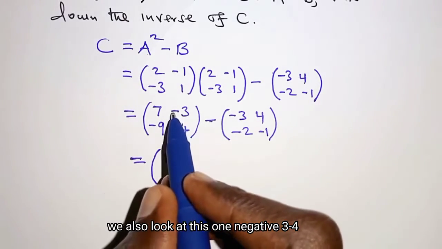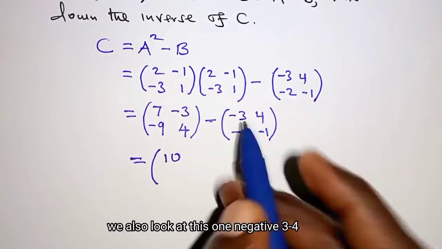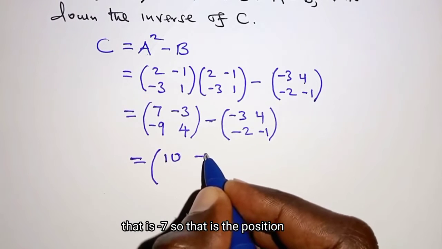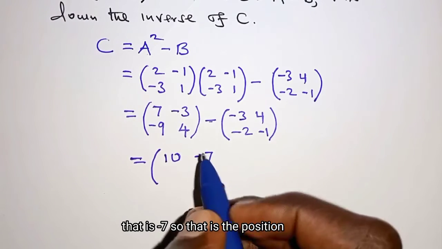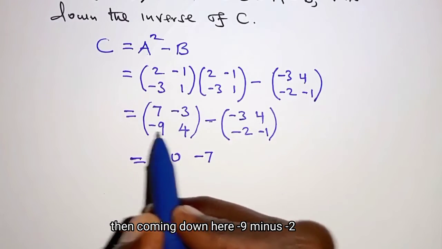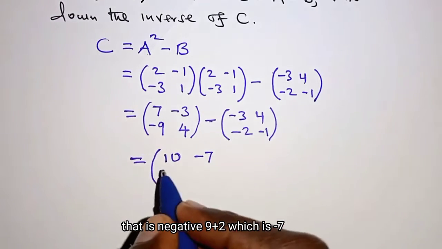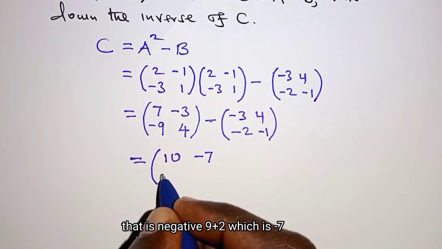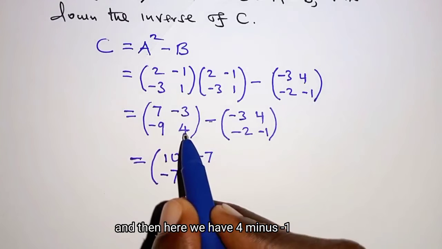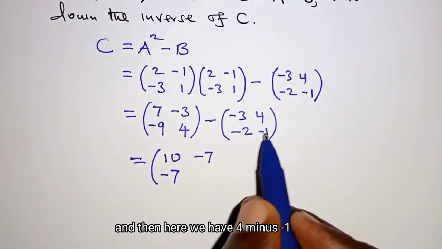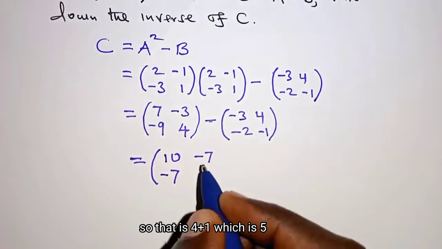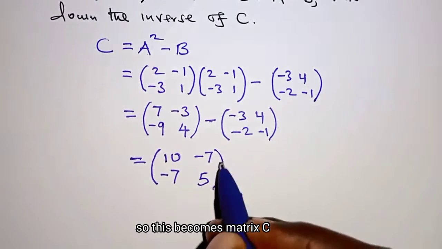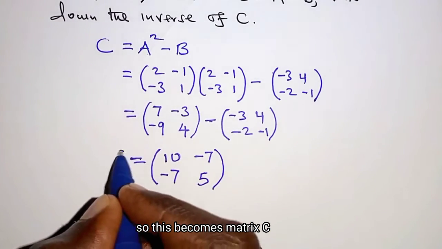We also look at this one, -3 minus 4, that is -7. So that is the position. And then coming down here, -9 minus -2, that is -9 plus 2, which is -7. And then here we have 4 minus -1, so that is 4 plus 1, which is 5. So this becomes matrix C.